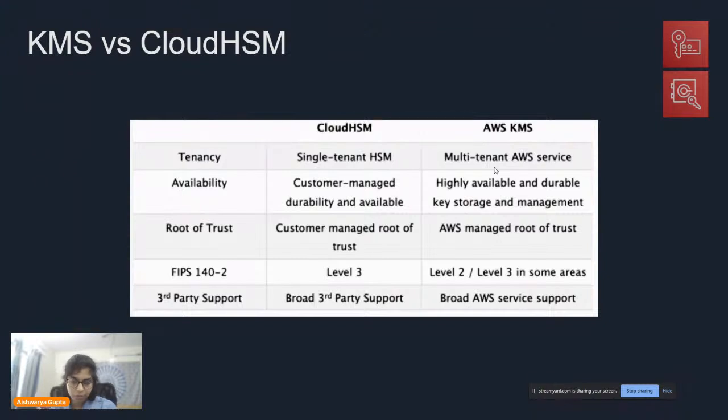Coming to the difference between KMS and Cloud HSM, like I previously mentioned, the Cloud HSM or the hardware security module is a tool that generates and stores the cryptographic keys, right? It is the base of all of these cryptographic AWS services, KMS, Secrets Manager, Encryption Services, ACM, and Cloud HSM.